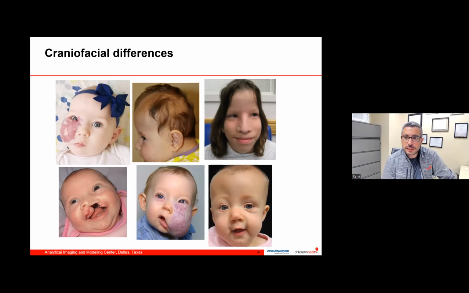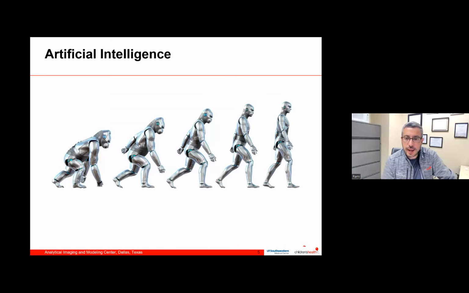That's where artificial intelligence becomes very important. And artificial intelligence is an evolution. Right now, I would say we are somewhere either in the beginning or middle of artificial intelligence. Artificial intelligence has been used in many areas in our daily life. If you look at your cell phone, you can now unlock it with just your face.